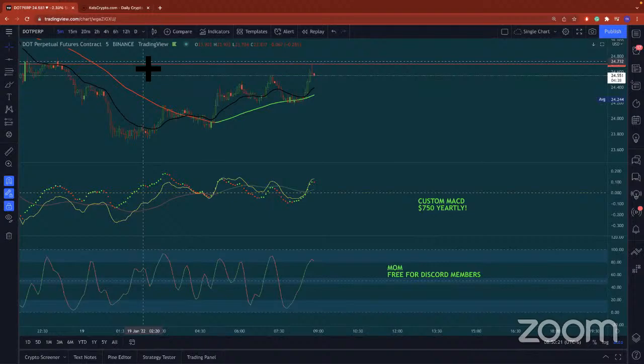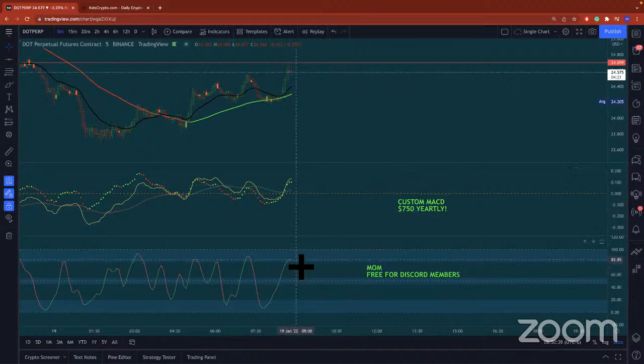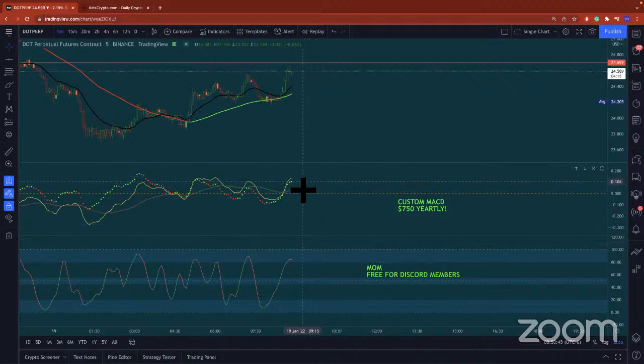So if I was to bet which way it would be going right now, I would say we're coming back down to that 15 EMA on the 5-minute chart. We do not have a buy signal yet. Our MOM indicator hasn't turned over yet, so we've got to wait for that.